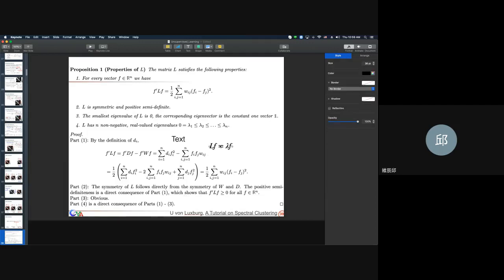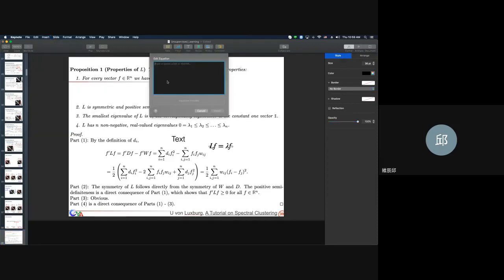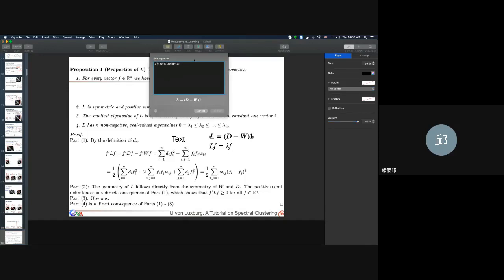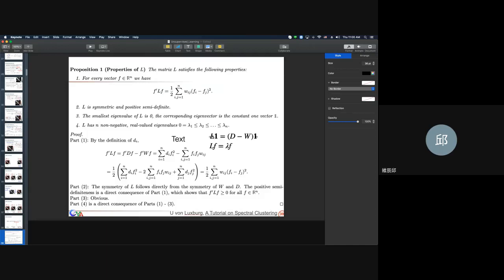I hope you guys can see this easily. Because L is equal to D minus W, if you have L multiplied with the constant 1 vector, it will be equal to (D minus W) times the constant 1 vector.